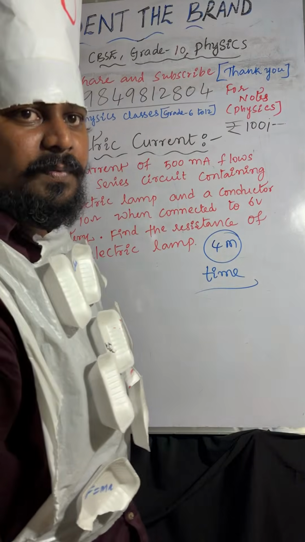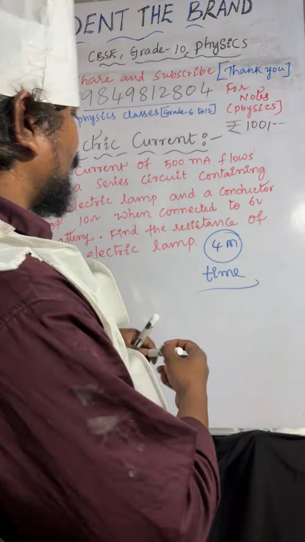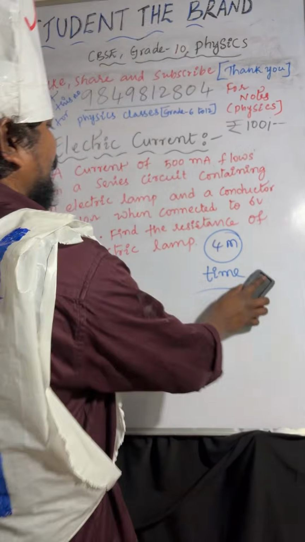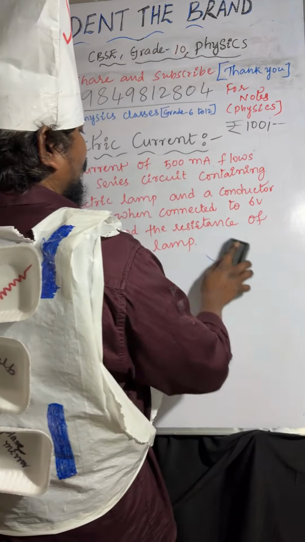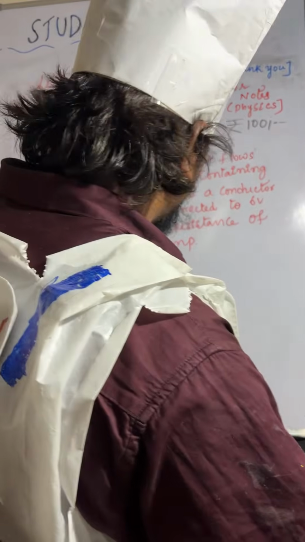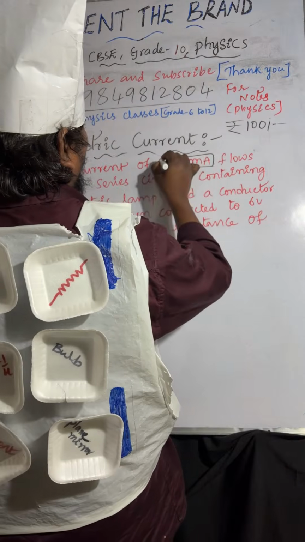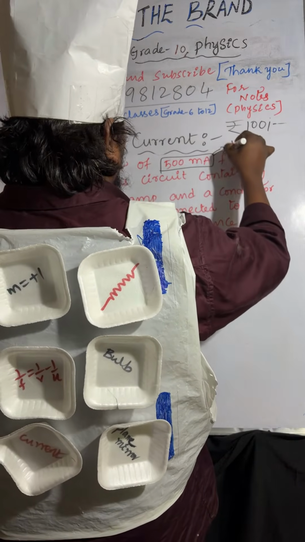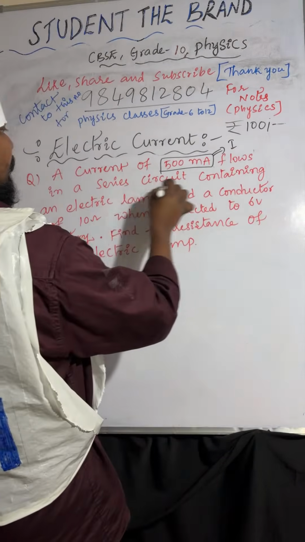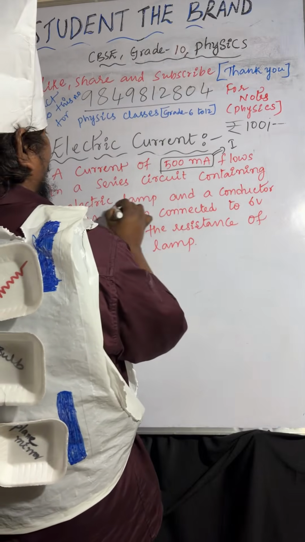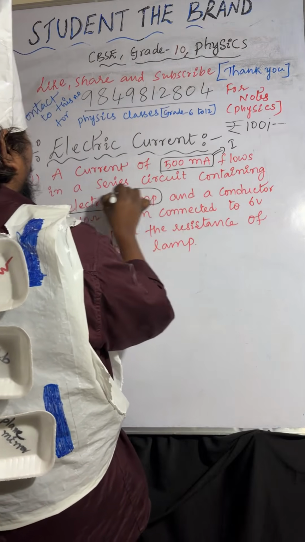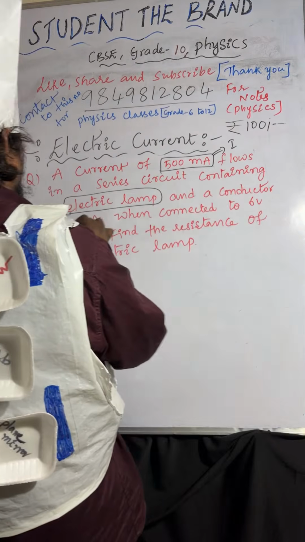Okay, it's very simple one. So what we have to do is, look at the problem. A current, so here current I is given. It flows in a series circuit containing an electrical lamp and a conductor.